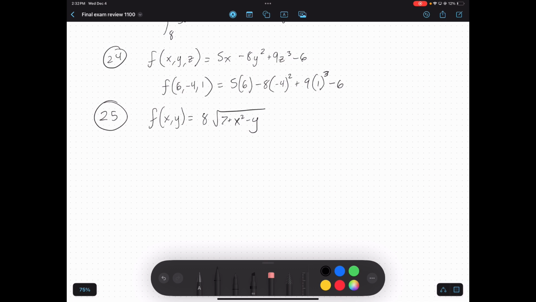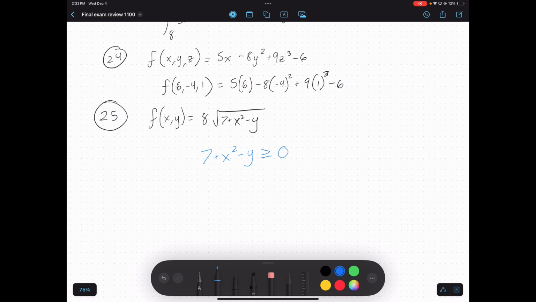I have a square root, which means what has to be true about everything under the square root? It has to be, oops, sorry, that's 7 plus x squared minus y. It just can't be negative. It can equal 0, that's fine. It just can't be negative. So I'm going to say this has to be greater than or equal to 0.